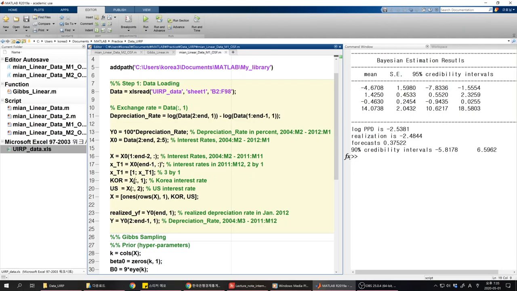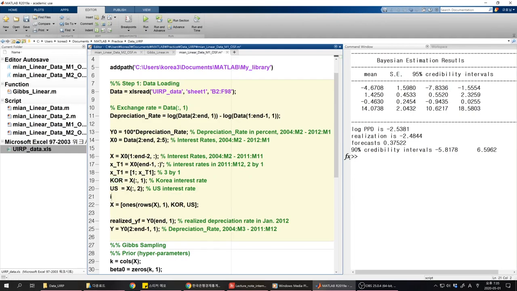And then first, second, okay, let me add more. Let me say this, INF, inflation rates. Inflation rates are what?